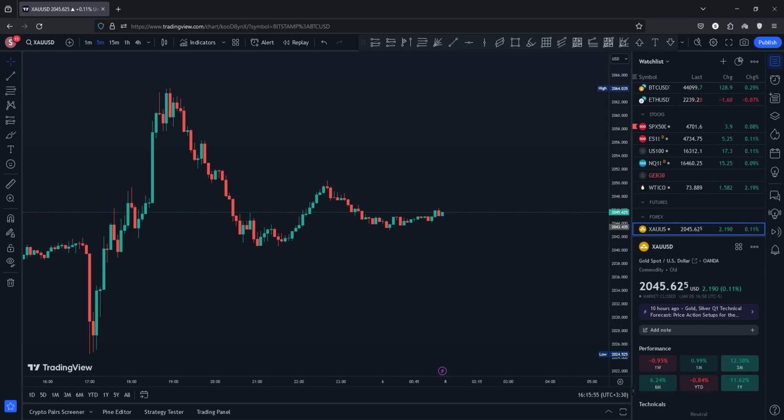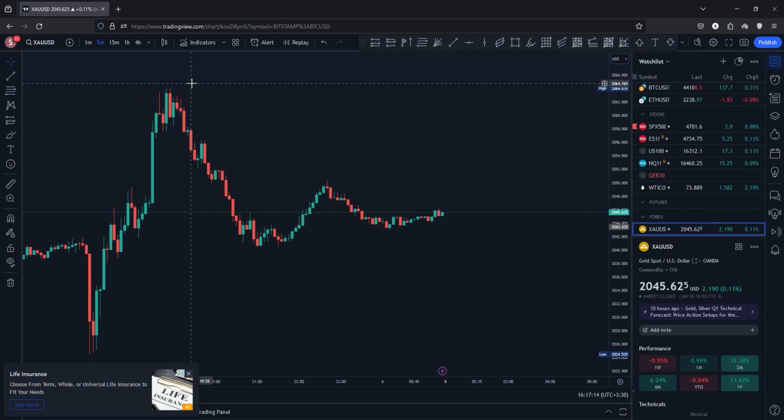Now let's start with one of the most popular indicators used in the world: the moving average. A moving average is a calculation to analyze data points by creating a series of averages of different selections of the full data set. It's also called a moving mean, and it's a type of finite impulse response filter.